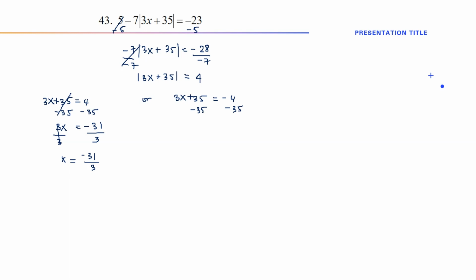Similarly, we subtract 35 both sides for this one, and get 3x equal negative 39. Divide both sides by 3. x equal negative 13.